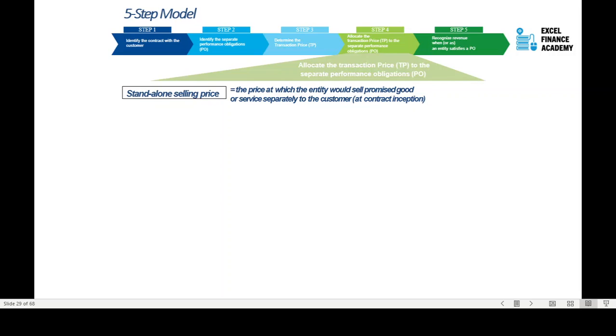If the company has a history of selling the goods and services in the market at certain prices at the starting date of the contract, not after the contract, but at the time of making the contract, and those services are normally sold separately, then their market price would be considered the standalone selling price. If the items are sold at varying prices to different customers, then the company can take an average of that, or the list price of that product, as the standalone selling price.